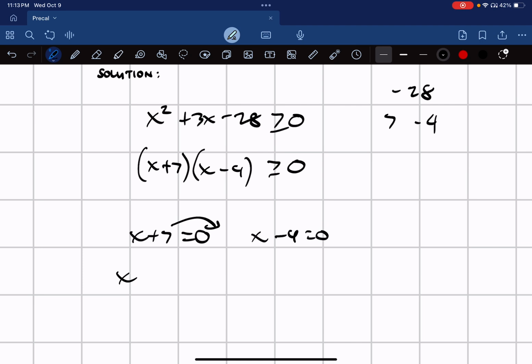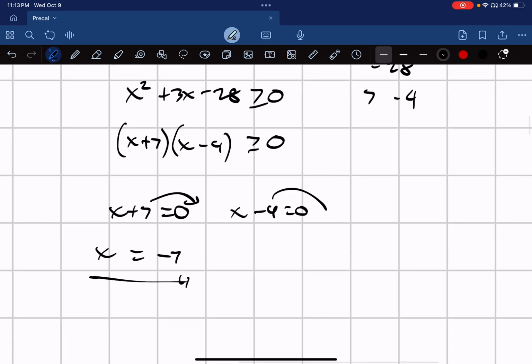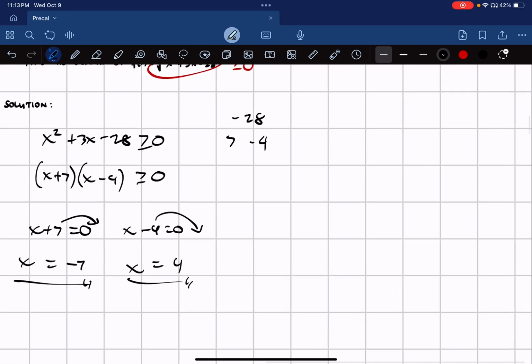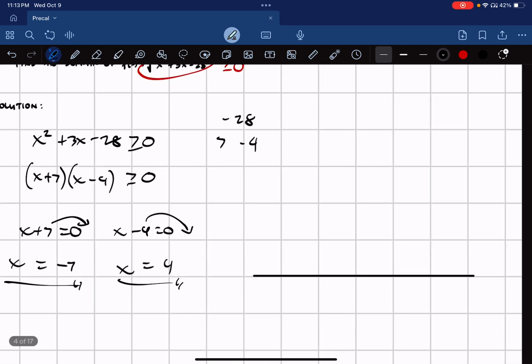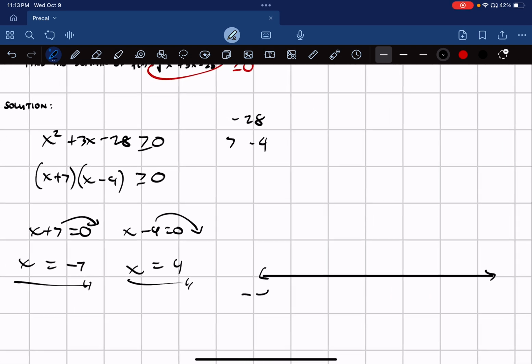Transposing, x is equal to negative 7 for the restriction, then x is equal to 4. And if we plot on the number line, negative infinity, positive infinity, negative 7, and 4, since it can be 0, so closed circle on negative 7 and 4. Closed circle.